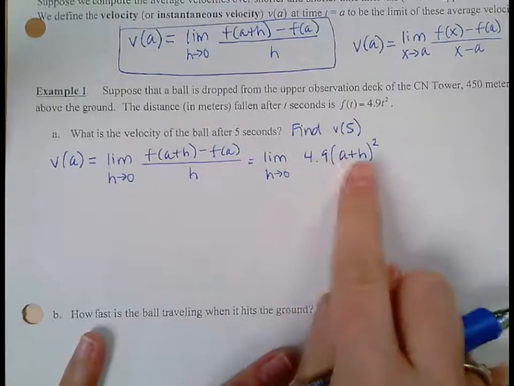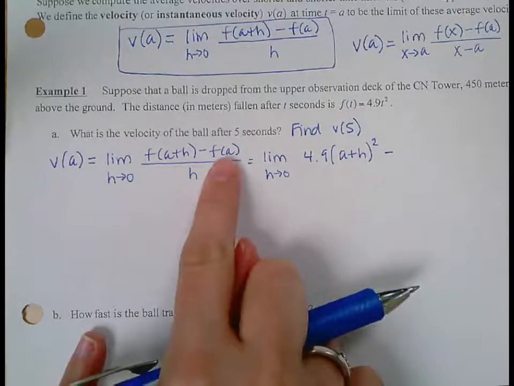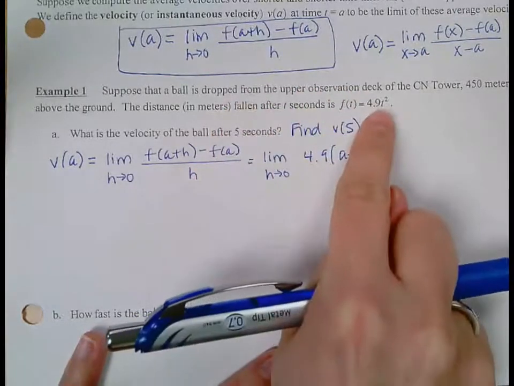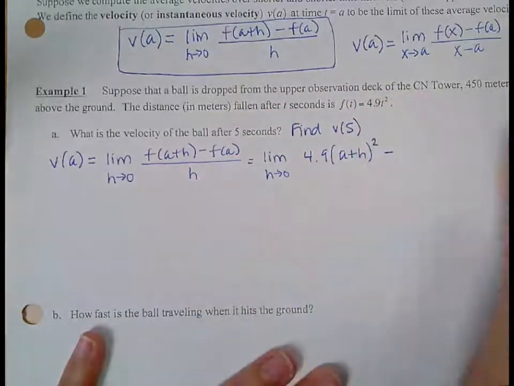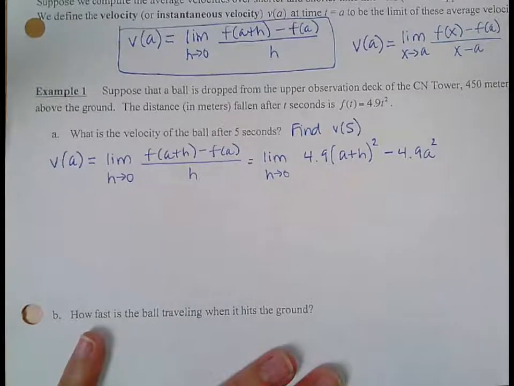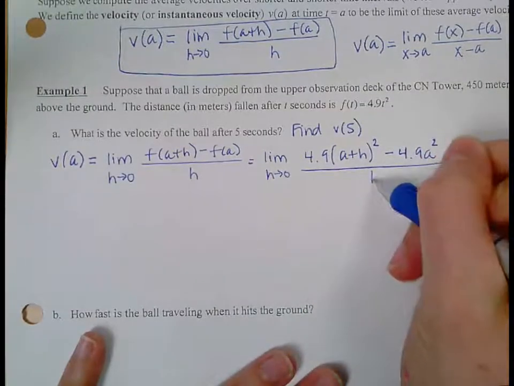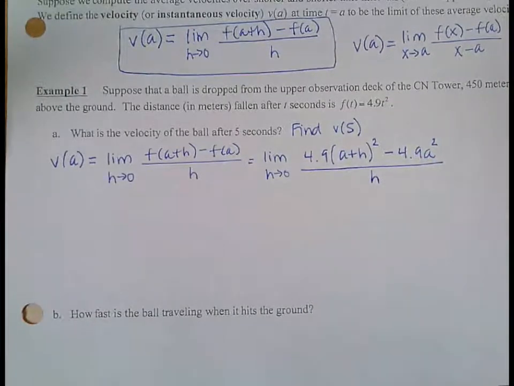Then f of a is replacing t in the function with a, so that would just be 4.9 a squared. And that's all over h. Questions there? Because once you set it up, now it's using algebra to simplify the numerator.